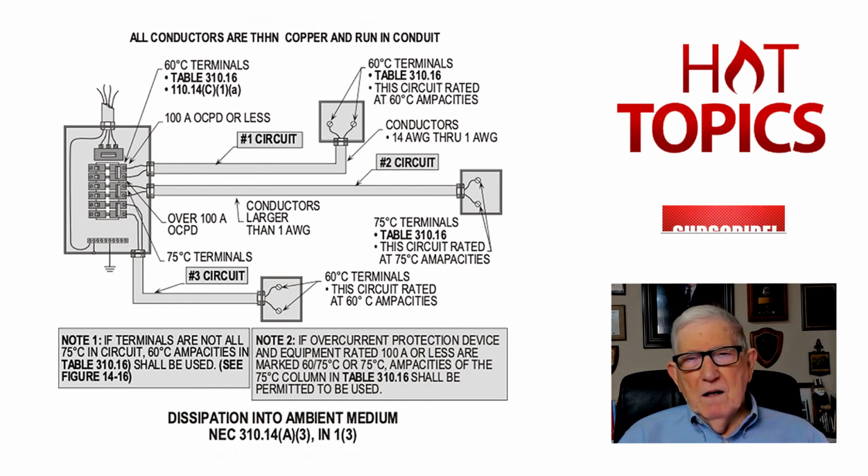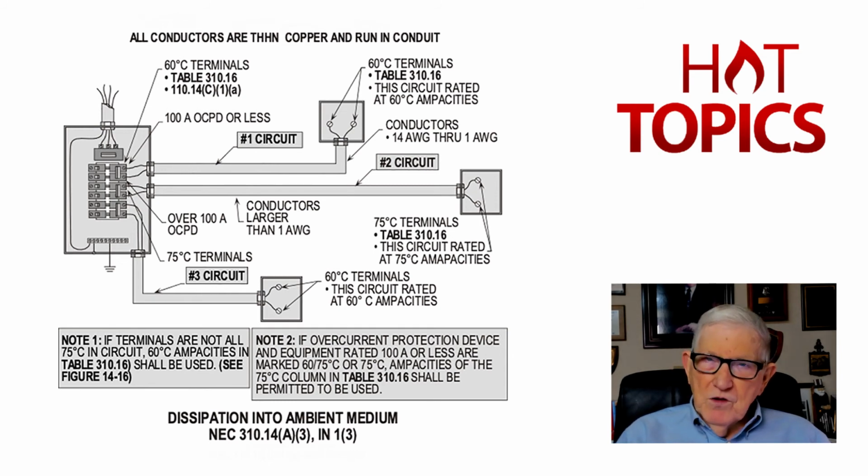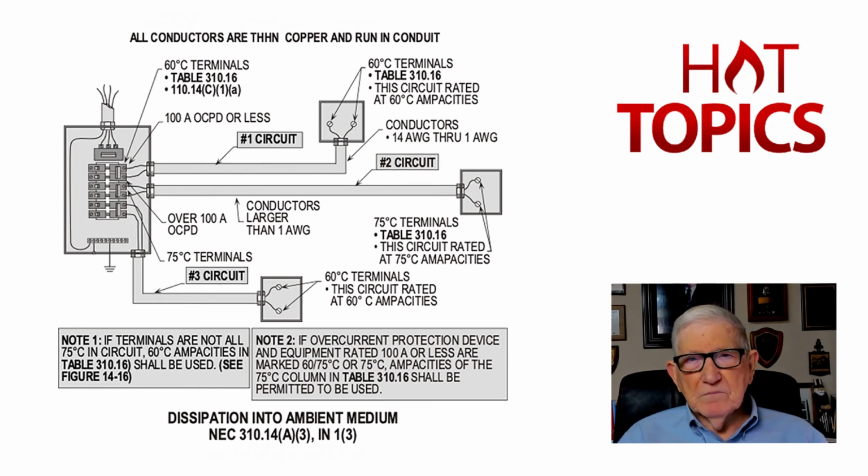So as we pointed out, this section to me is basically saying that if you're a 100 amp or less overcurrent protective device and equipment, you're 60 degrees C unless you have the 60/75, which means you can cable at 60, or you could run the circuit in conduit and pull conductors if you had the marking of 75 degrees C the entire run. So you have to really review 110.14A, B, and C and be familiar with the requirements of those sections.